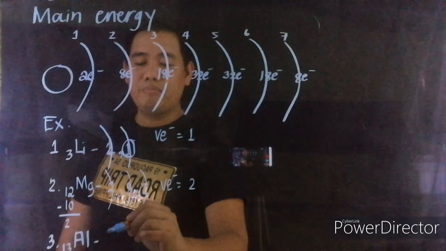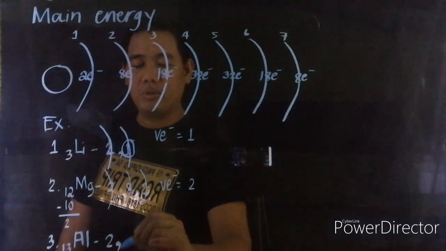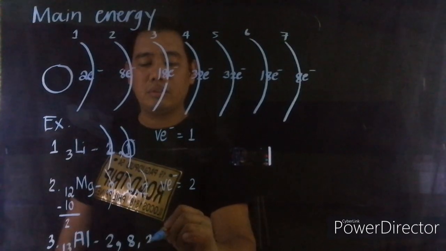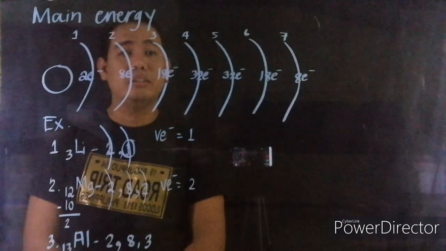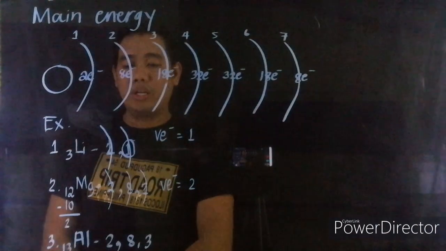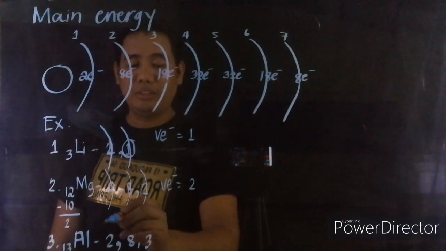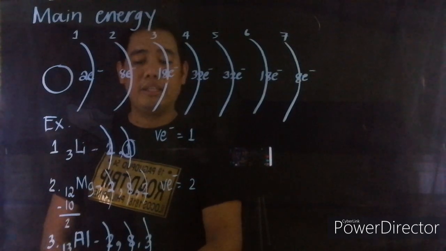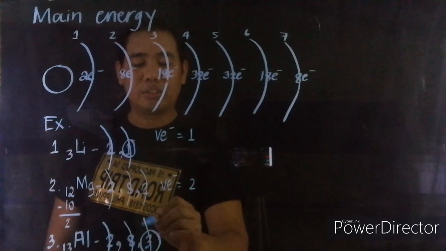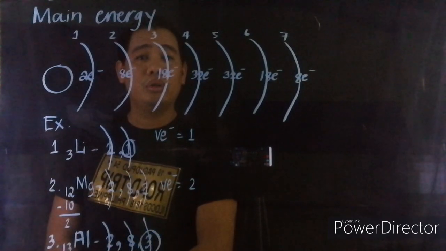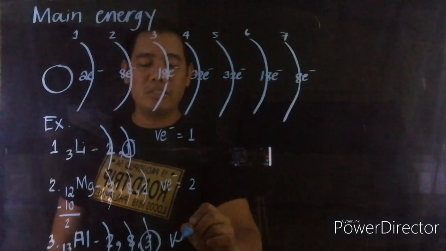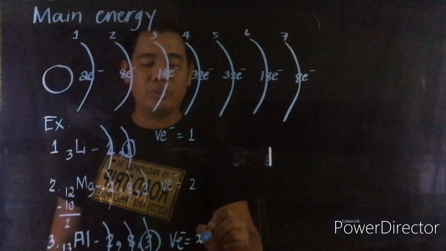So we have 2, 8, and 3. Okay? So same with magnesium, it has 3 shells. So it belongs to period 3. And the last shell has 3 electrons. It belongs to group 3. And the valence electron is equal to 3.